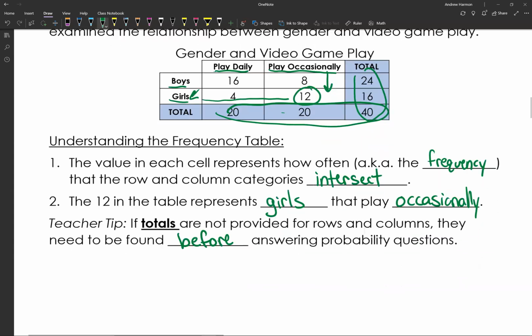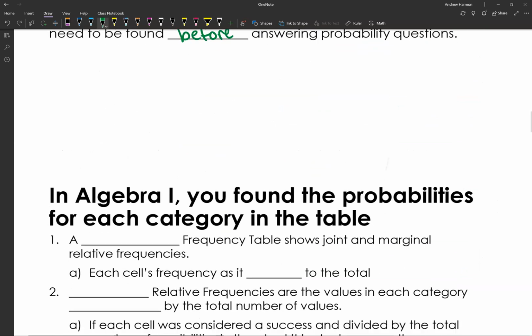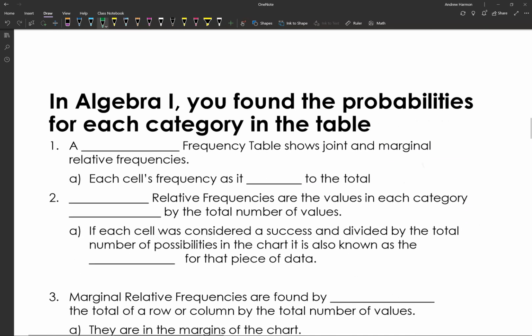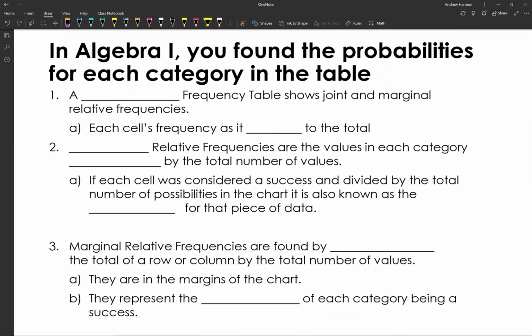So let's take a look at another step with these frequency tables. In Algebra 1, you looked at probabilities for each cell in the table. If we looked at a two-way frequency table, we would find the probability of each thing. When we did that, it was called a relative frequency table, which shows what we call joint and marginal relative frequencies.